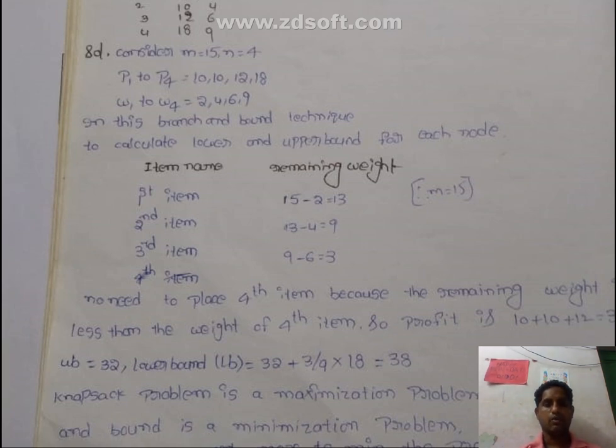So upper bound equals 32, and lower bound equals 32 plus remaining weight 3 divided by the fourth weight 9, into the profit 18, that equals 38.